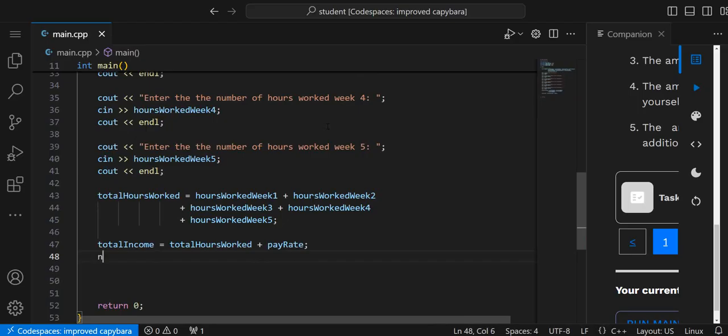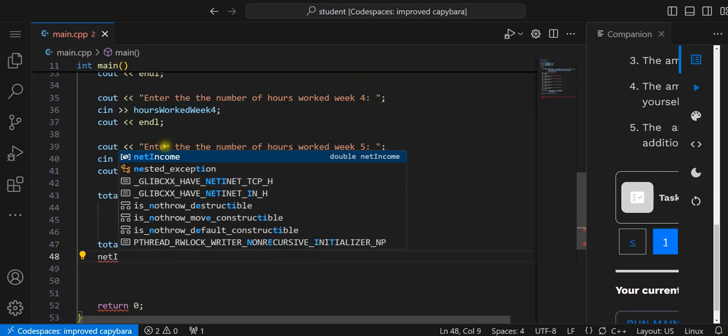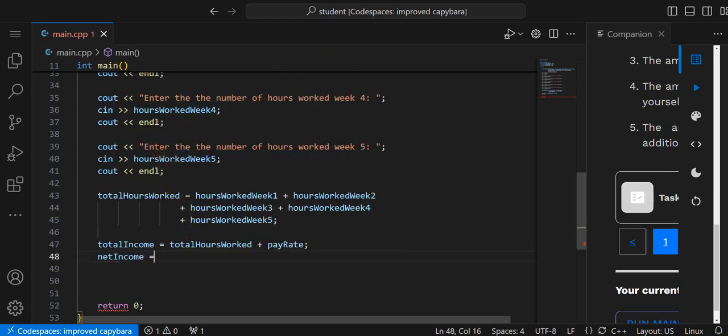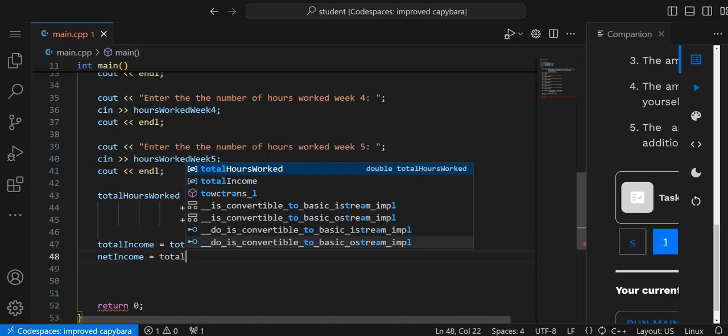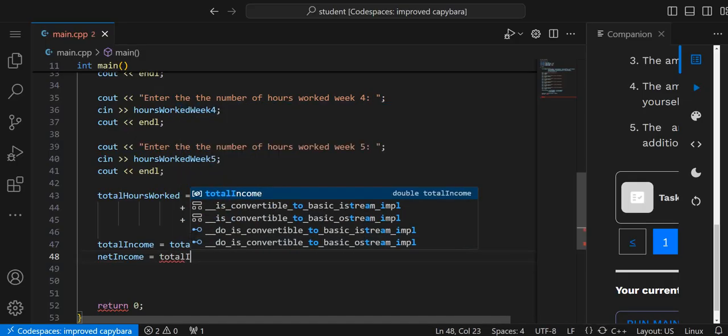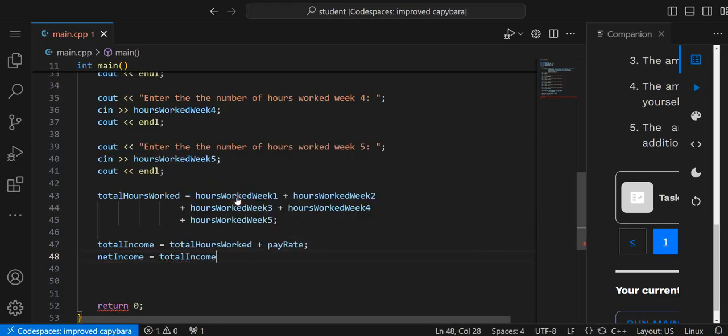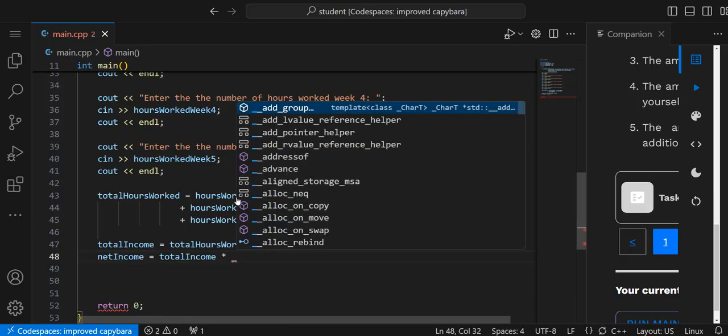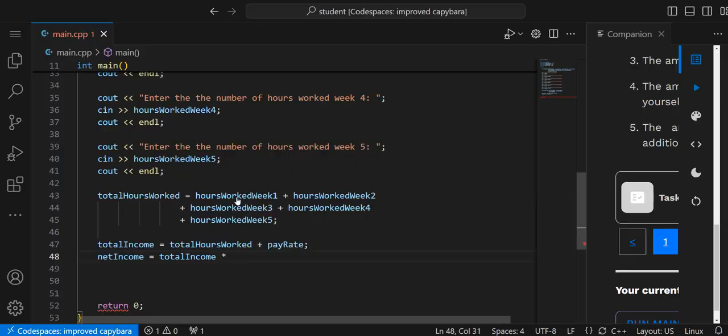Net income equals total income, and let's times that by parentheses 1 minus tax, capital TAX.